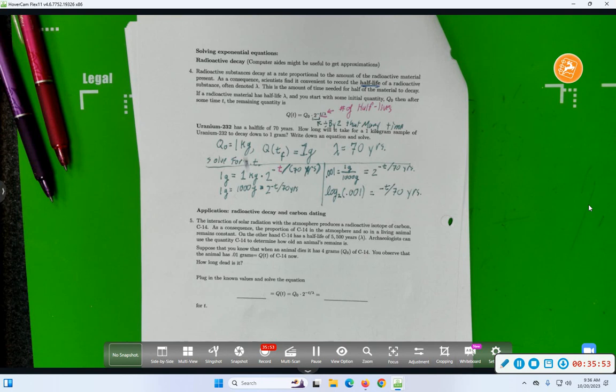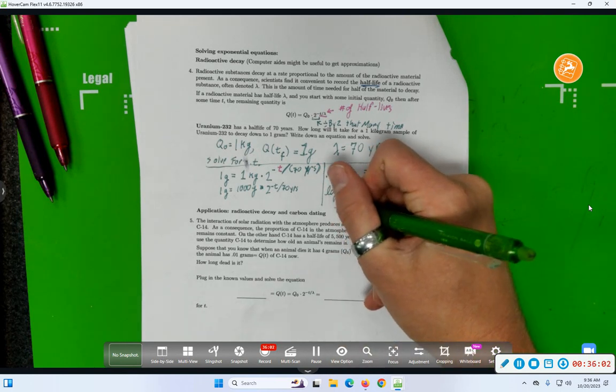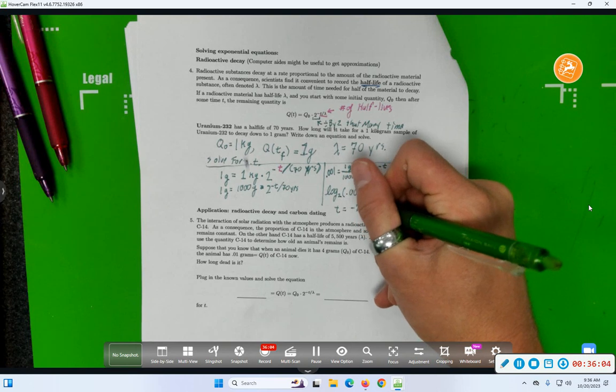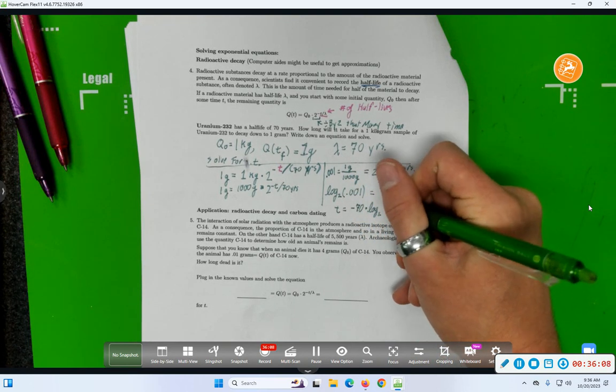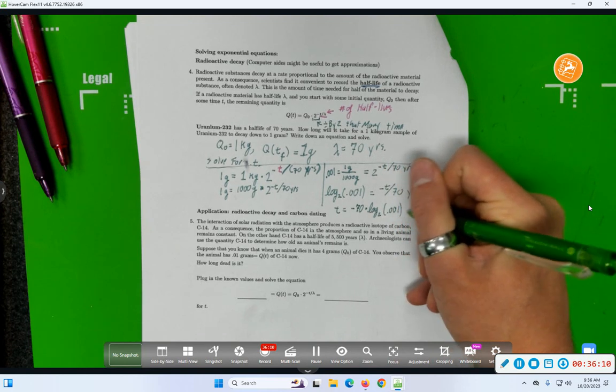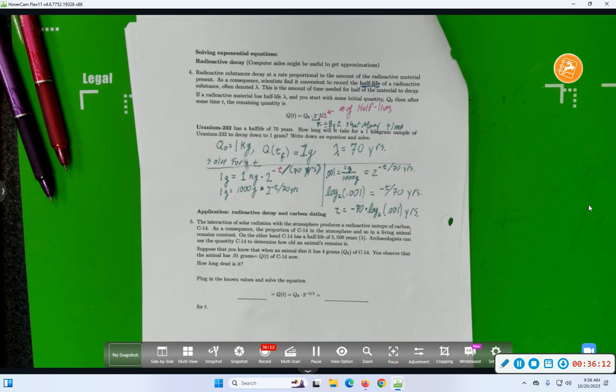Let's multiply both sides. I'm going to multiply both sides by negative 70 years, so I can also deal with the minus sign. So it looks like I am getting t is equal to negative 70 times the log base 2 of 0.001 years.